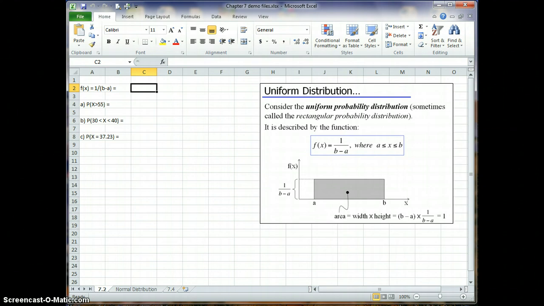So what we do instead is we determine the probability of a range of values, which is different than what we did last chapter with discrete probability distributions, where you could determine the probability of a particular value.